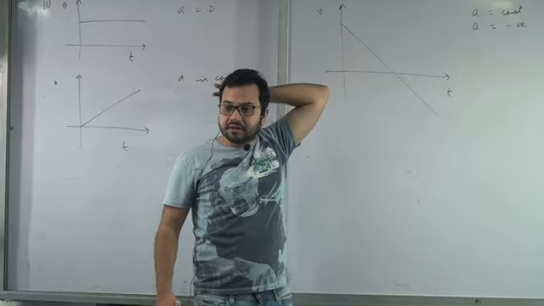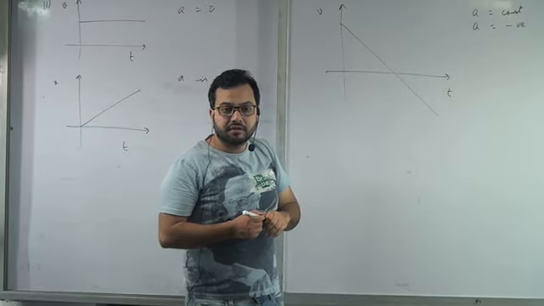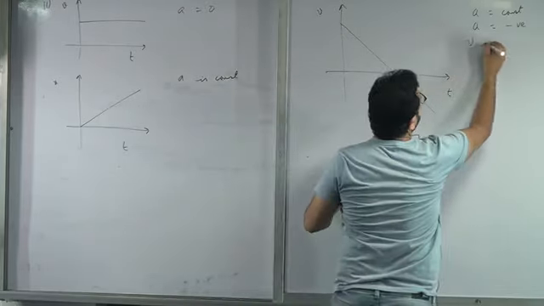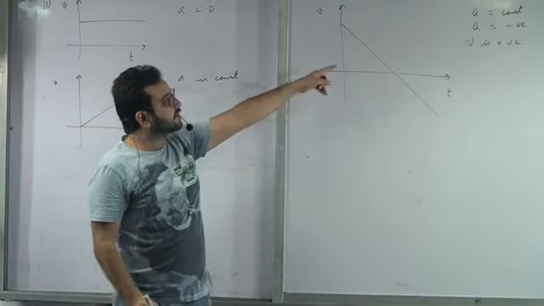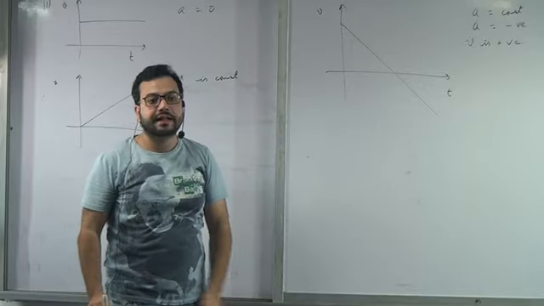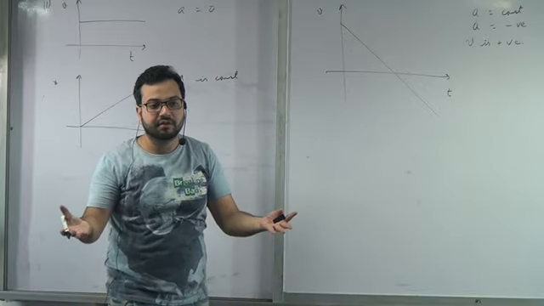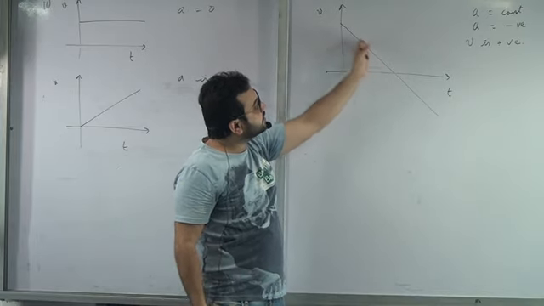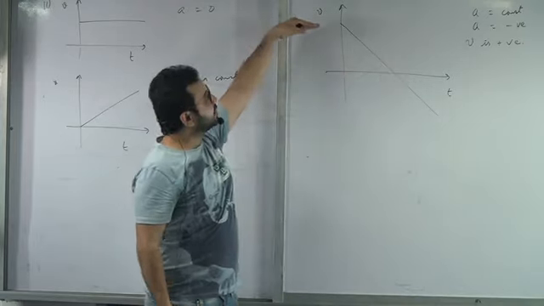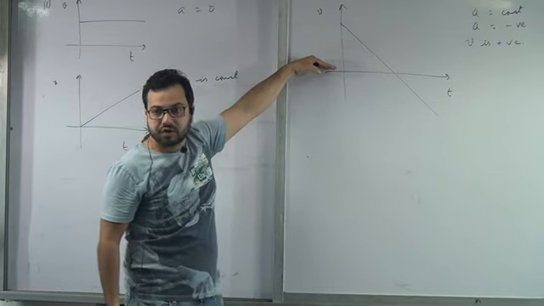That means the velocity is positive. The velocity is positive and acceleration is negative. So what is happening? Retardation, right? So you can see that the speed is decreasing. It is going lower and lower. So the speed is decreasing.